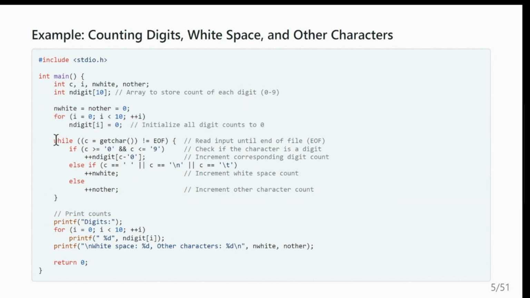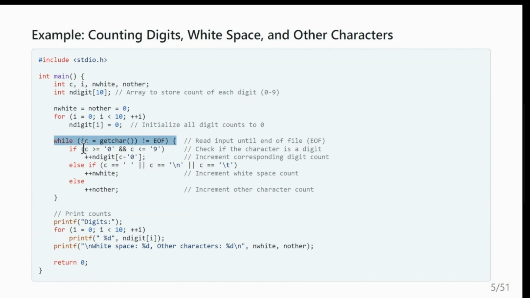Then we use a while loop again, which you are very familiar with. You're getting characters until the end of the file. Now we want to determine different scenarios, like whether it's a space, a tab, or a new line. That's what we have done before. But now we also want to determine if it's a number. We have used this in the assignment, but I want to give you some explanation.